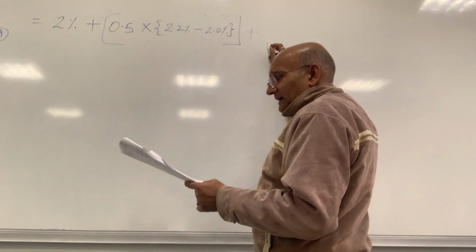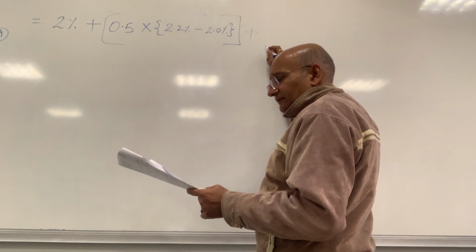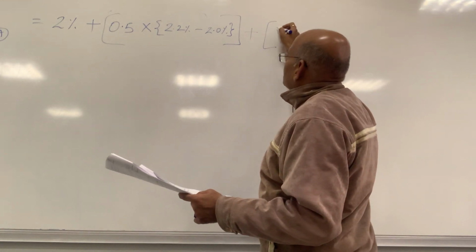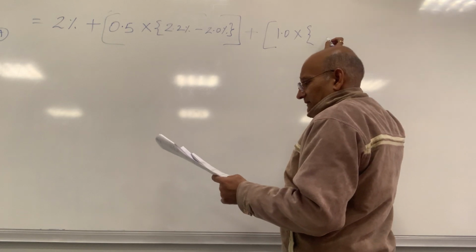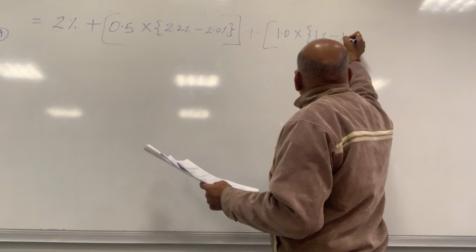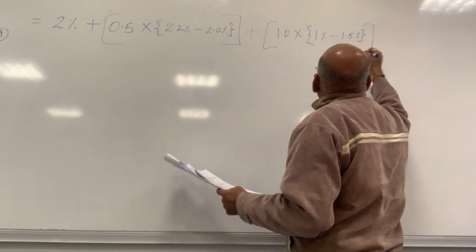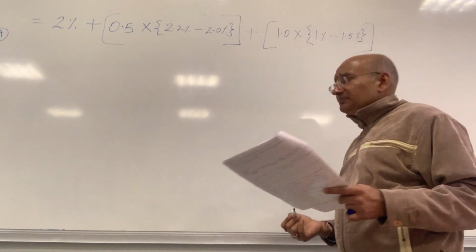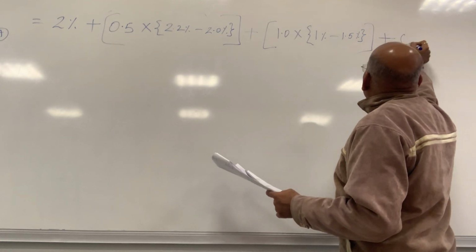Plus another factor, GDP for fund A is 1.0 multiplied by surprise. Surprise is 1% minus 1.5%. This is the surprise. Is it clear? Plus error term.